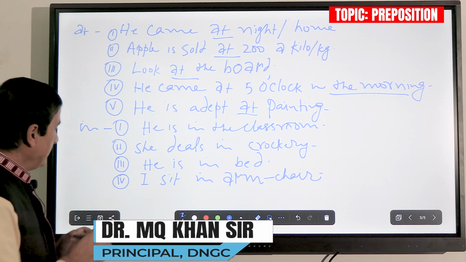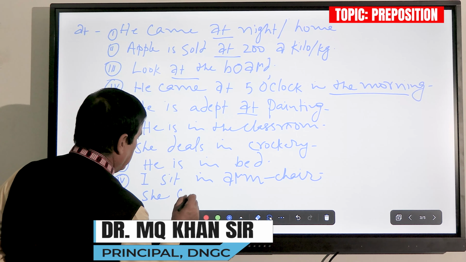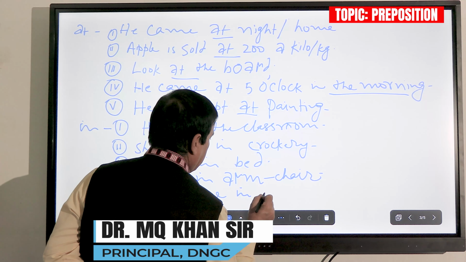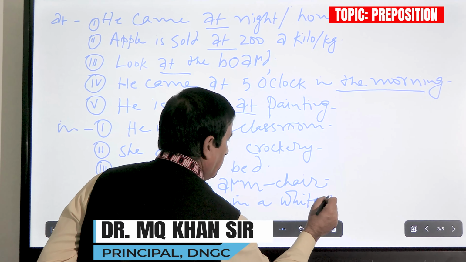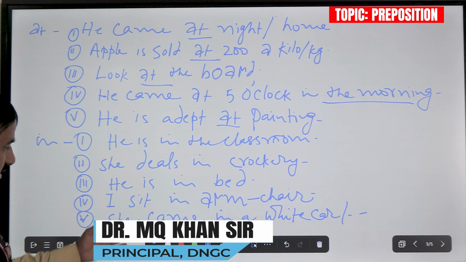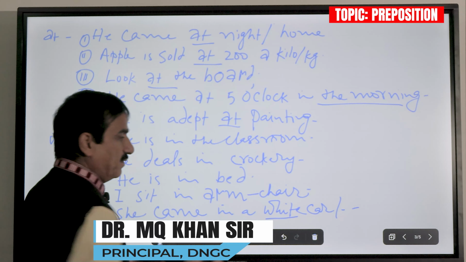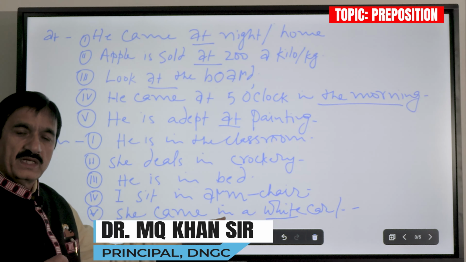Another use of in: she came in a white car. Remember one thing, if the color or brand of the mode of communication is mentioned, in that case by will not come, it will be in.